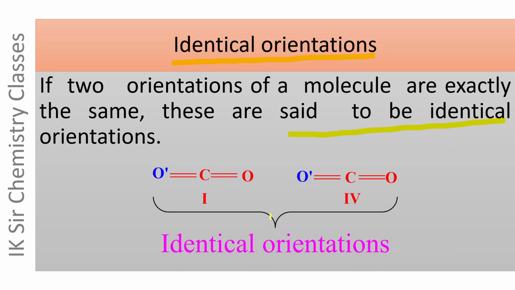Two orientations of CO2 molecule, 1 and 4 given here, are exactly the same, that is, identical. O dash atom is present on the left hand side in orientation 1, and in orientation 4 also O dash atom is present on the left hand side, and hence these two, 1 and 4, are identical orientations of CO2 molecule.